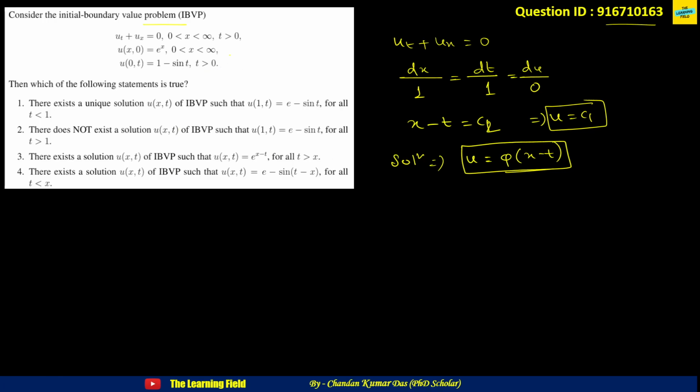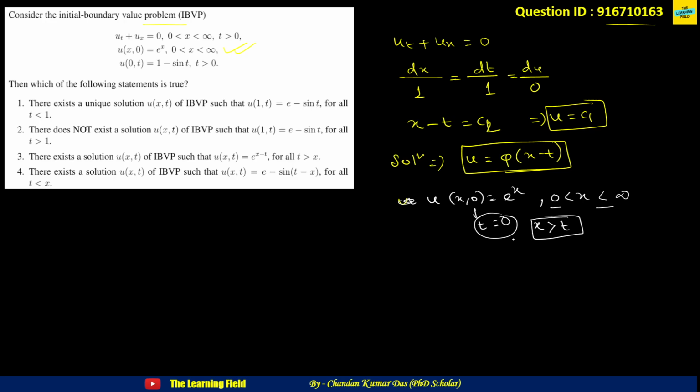Now applying the initial condition given, u(x,0) = e^x, and the range of x is 0 < x < infinity. Here the value of t is 0 and x is from 0 to infinity, so definitely x is greater than t.